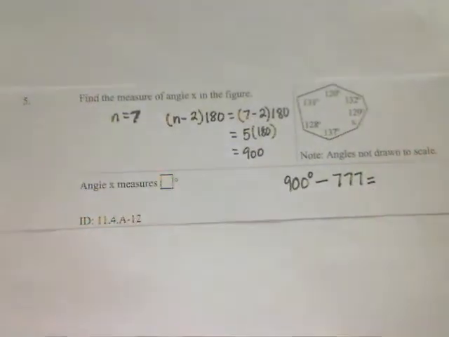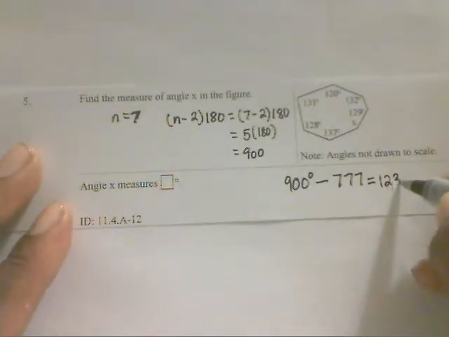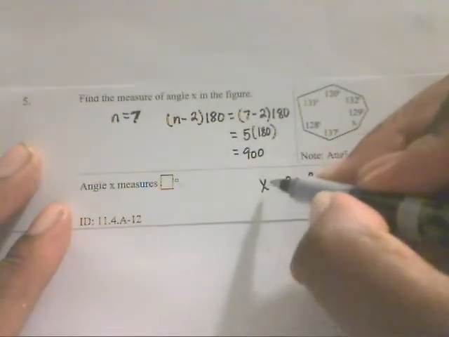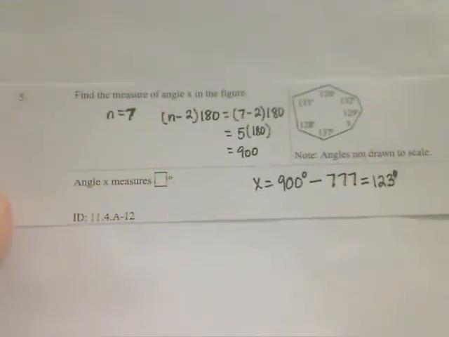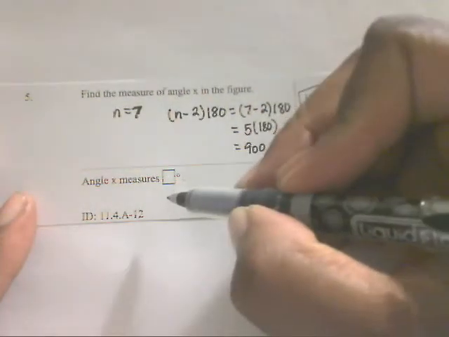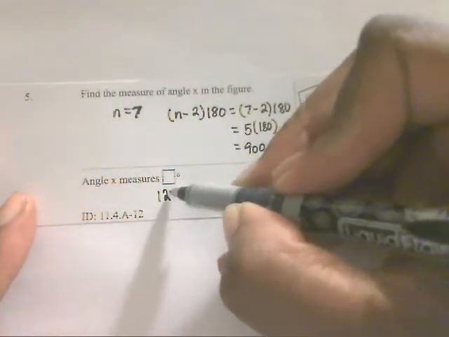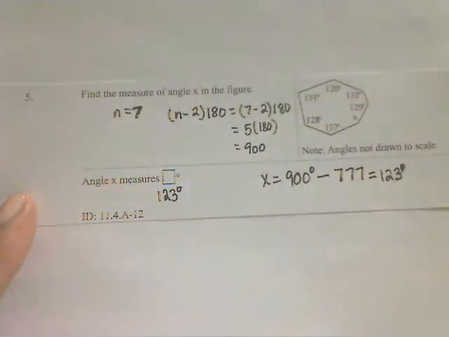So 777 from 900 will leave you with 123. And that's what X is. X is that missing angle, 123 degrees. So angle X measures 123 degrees.